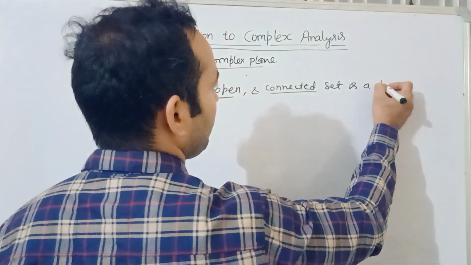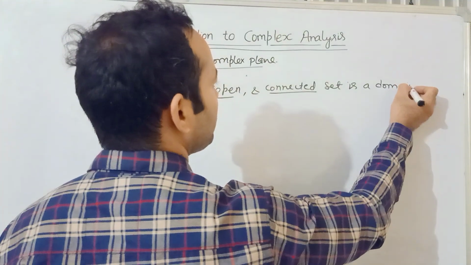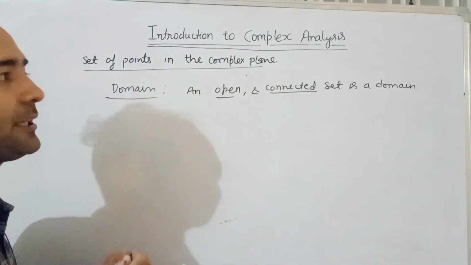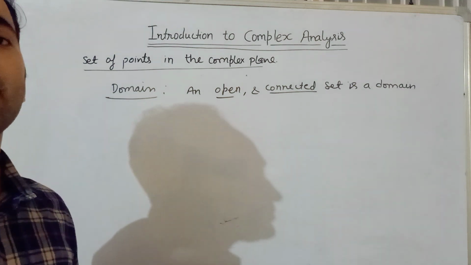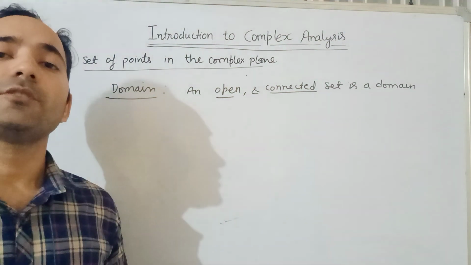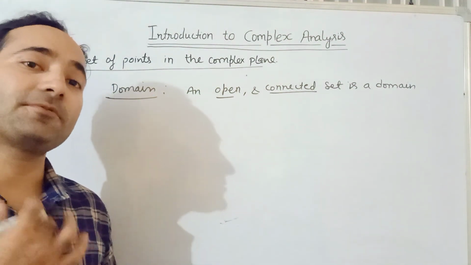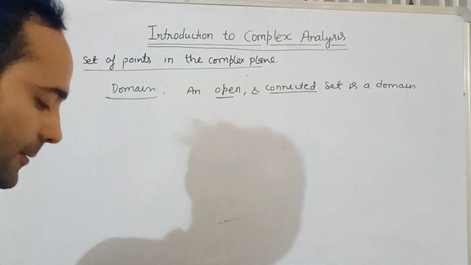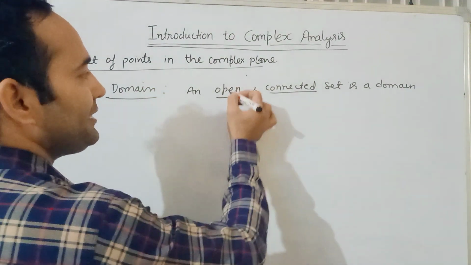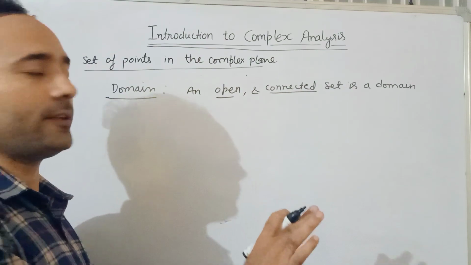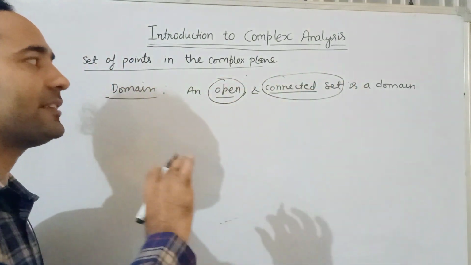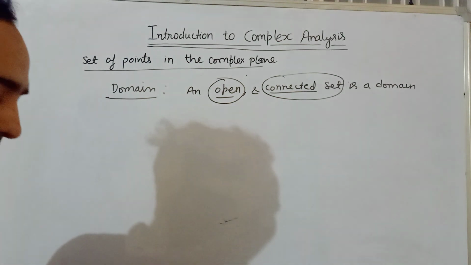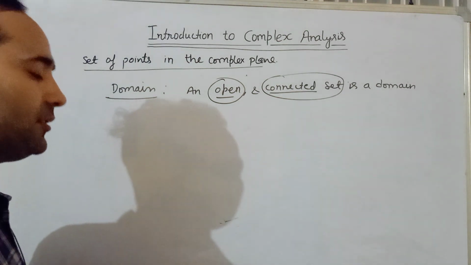This is important. Of course, that is still applicable in case of f(z): the domain of f(z) is all those values of z where f(z) is defined. Alright. Now, whether it is bounded and unbounded doesn't matter. So you have to focus on open and connected set. If a set is open and connected, then that can be called a domain of a function.